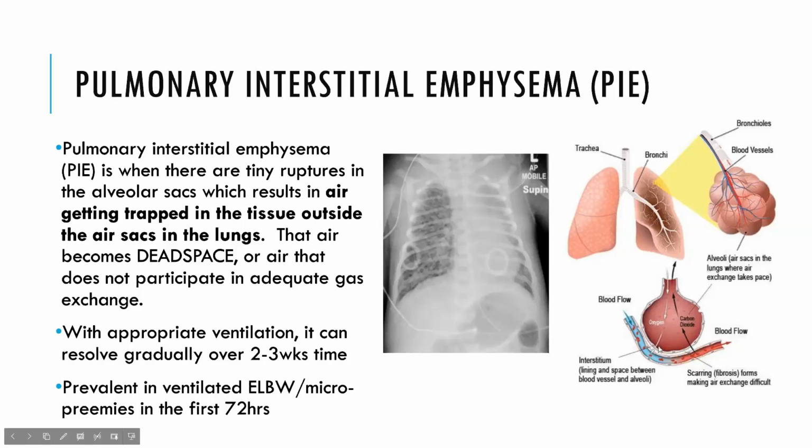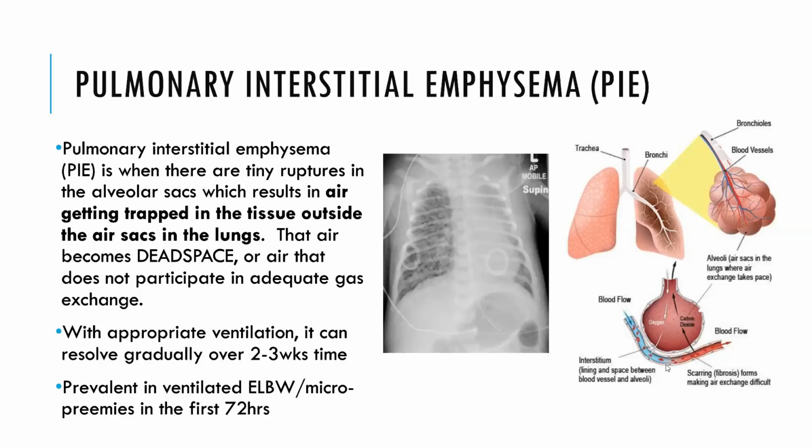So here's a picture of an alveolar sac, and then if there was a little tear, air got trapped in between the alveolar sac and the blood vessel, where gas exchange needs to happen. PIE is prevalent in ventilated, extremely low birth weight babies or micropreemies in the first 72 hours.